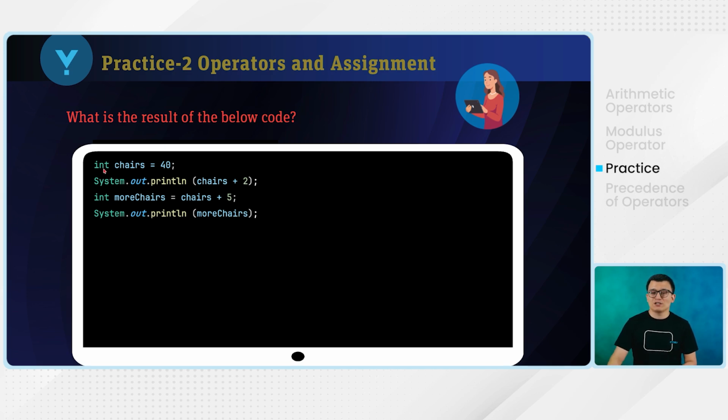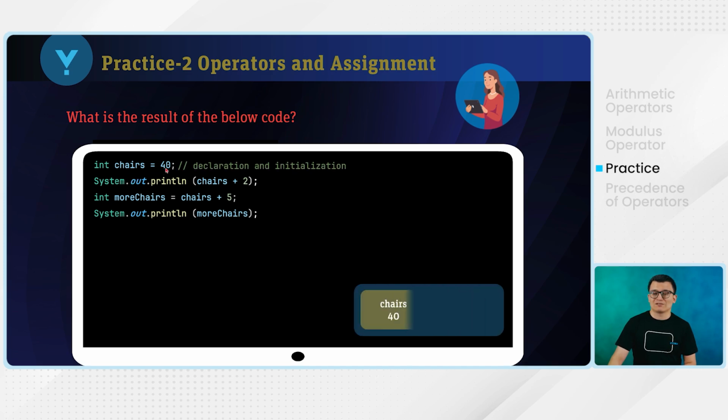So for example, here I declared this variable chairs, and first I set 40 to it. Which means in the memory, there is a variable chairs created and 40 is stored into this variable. And in the next statement, I am adding 2 to the variable chairs. I use this arithmetic operator to add 2 to the variable chairs.